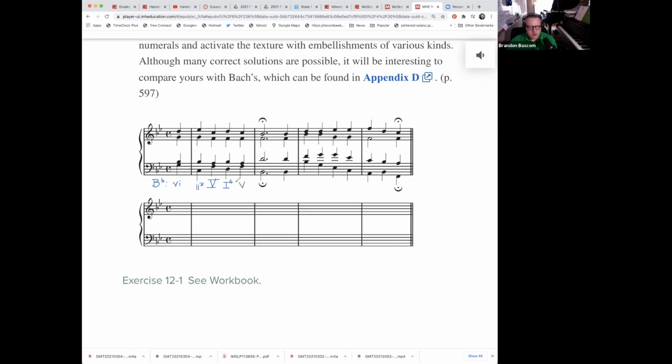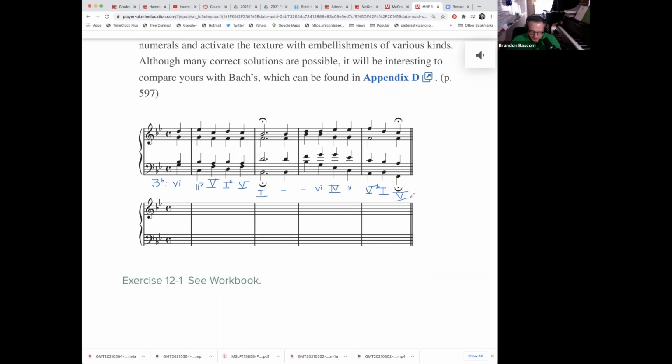Followed by a garden variety 1 chord. Another 1 chord. Another 1 chord. 6. 4. 2. 5, 6. 1. 5.